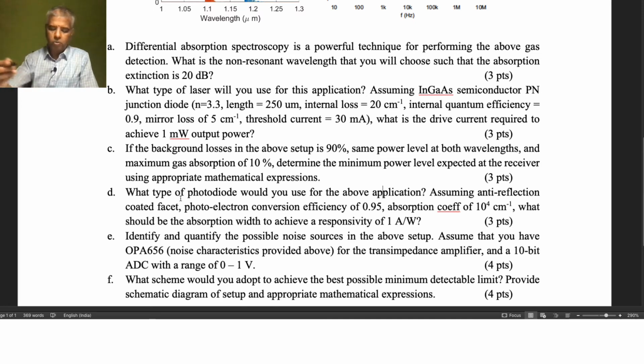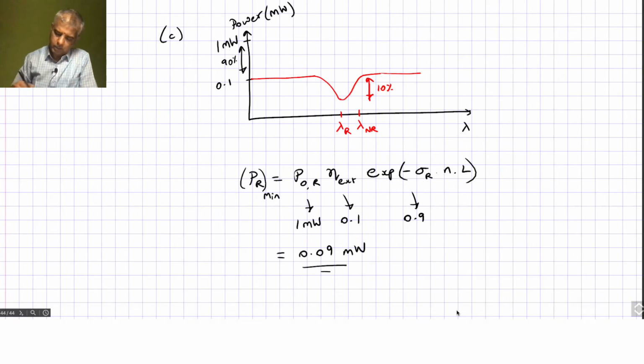What type of photodiode would you use for the above application? And then of course you're given certain parameters for the photodiode. What should be the absorption width to achieve a responsivity of 1 ampere per watt? Okay, so let's look at that now.